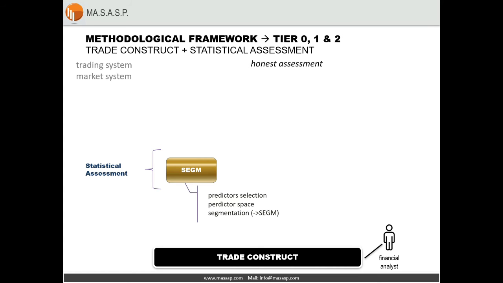The second component, which stands for segmentation, is meant to select predictors and build a predictive model based on them. The H0 component aims at assessing the statistical significance of said model. Look, from now on, we will use the terms trading system and model interchangeably.